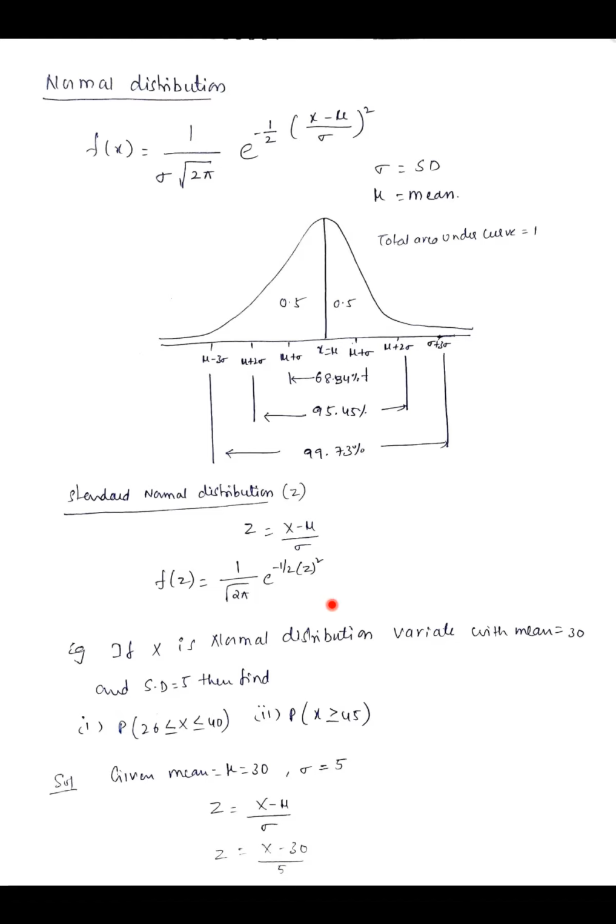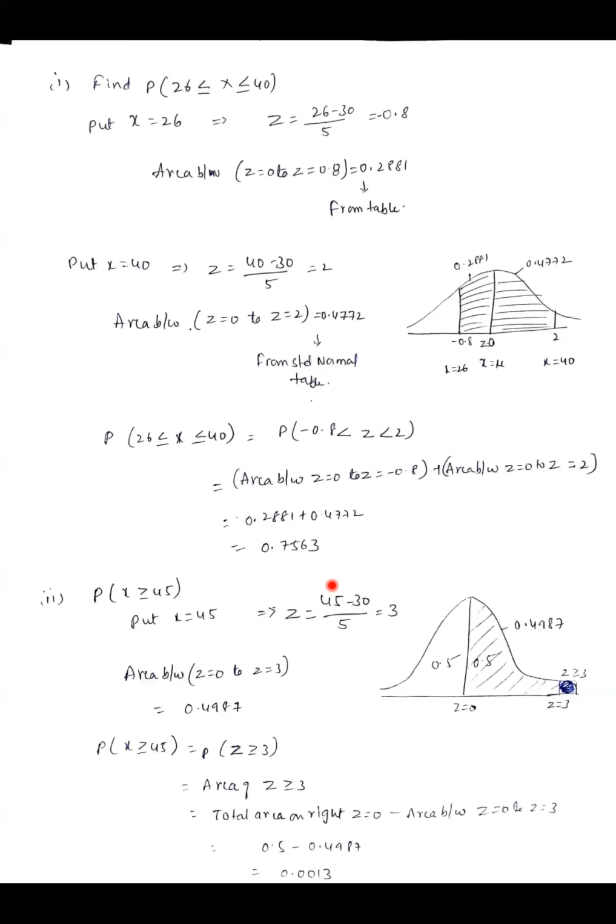Here they have given mean mu equals 30 and sigma equals 5. You have to substitute these values in z equals (x minus mu)/sigma.